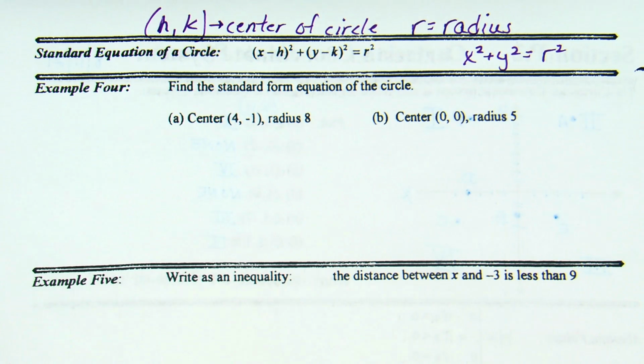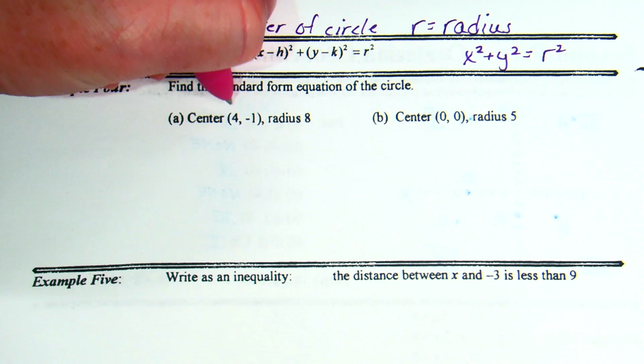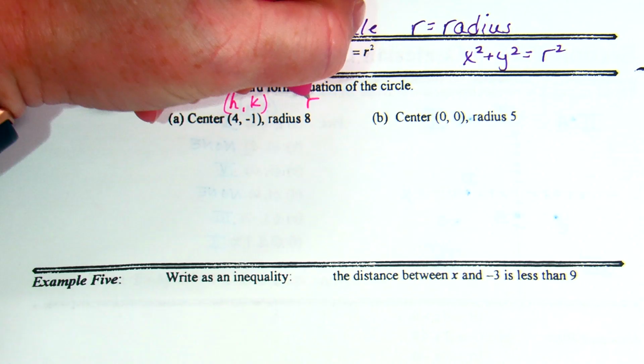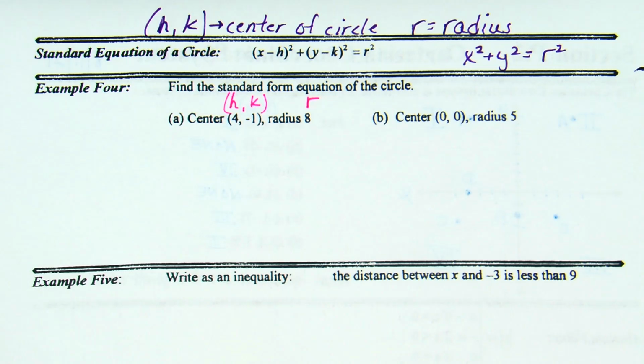So which pieces are they providing us? What letters do we fill in here for? h and k. The center of the circle is h and k, so 4 is the h value, -1 is the k value. The radius, where am I going to put that in? That is your r value, correct? So take that standard equation of the circle and fill it in.